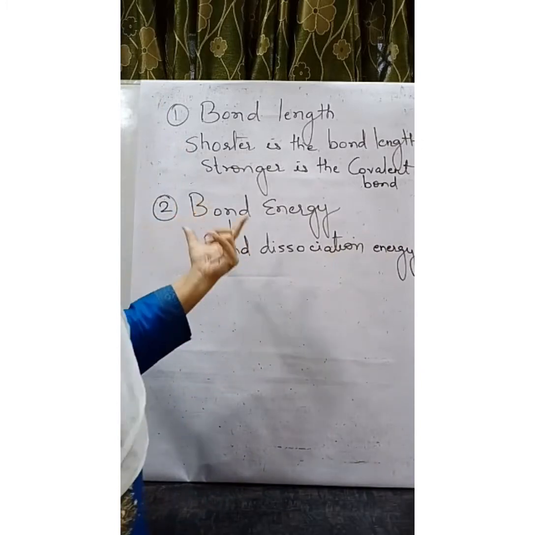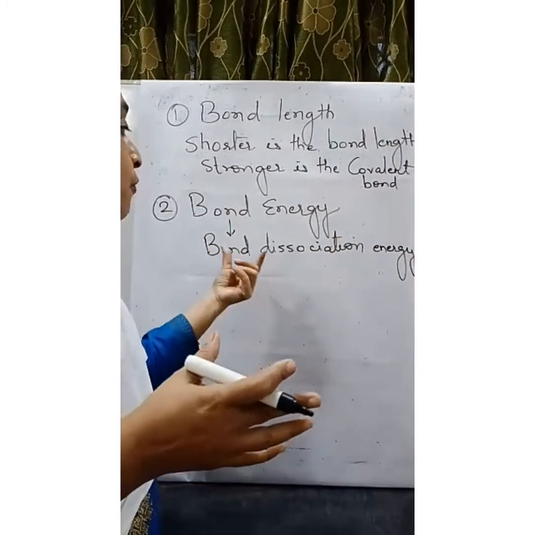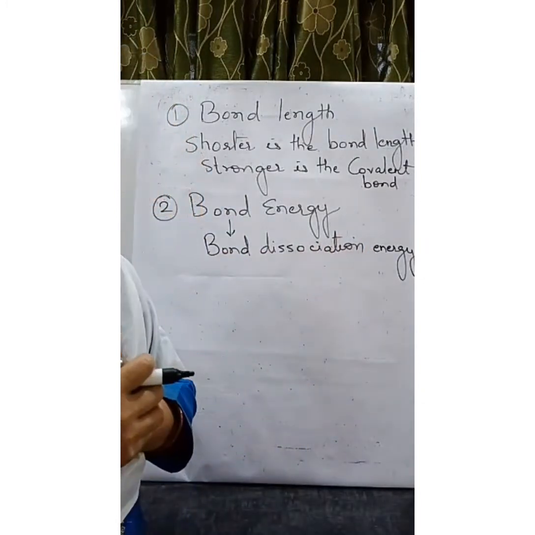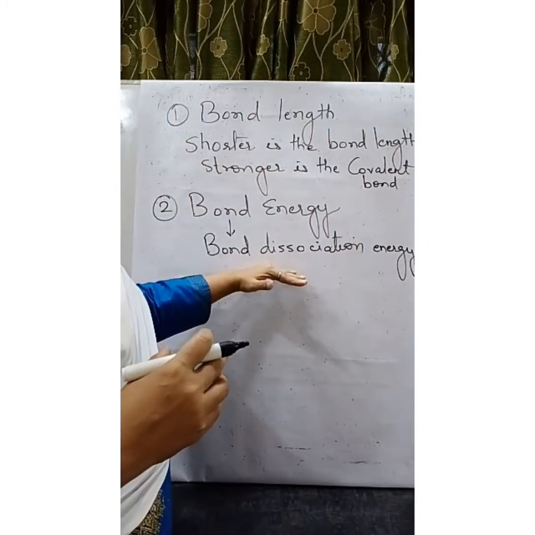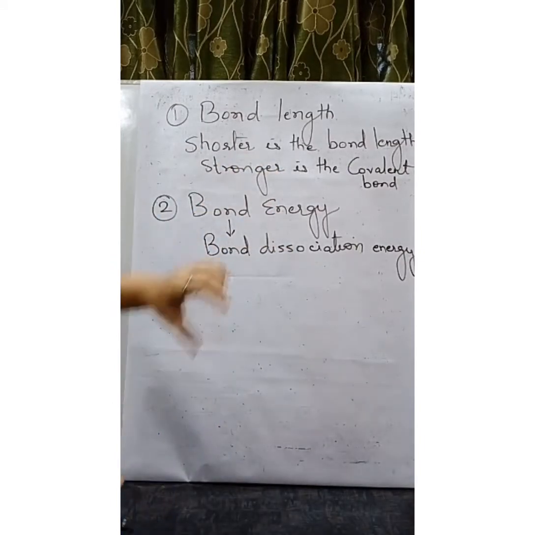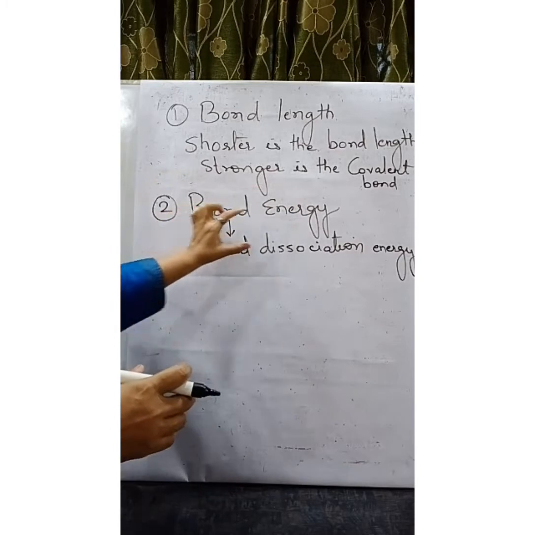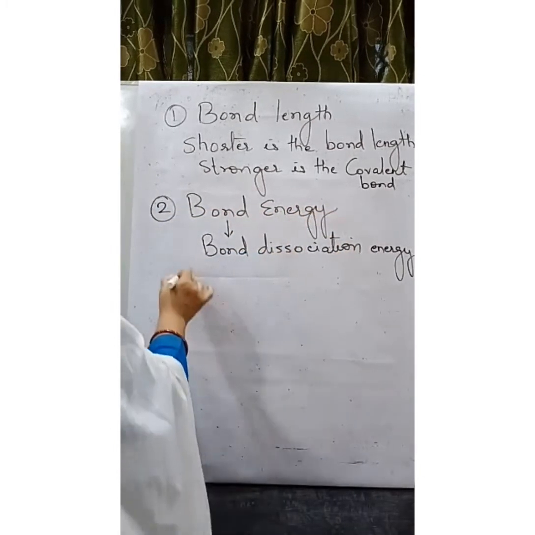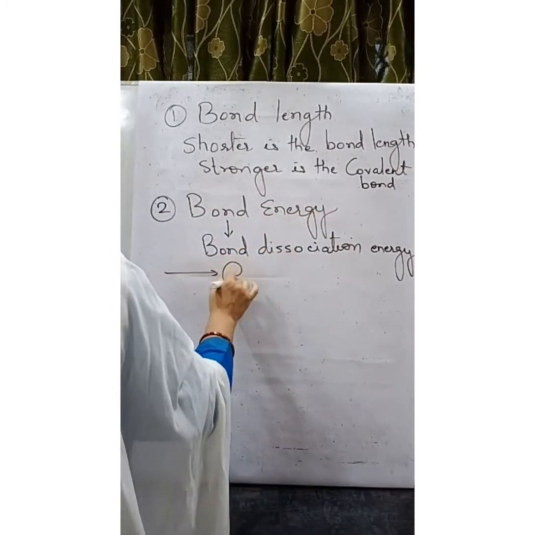Whereas when we take the average value of various bond dissociation energies, we are referring it to as bond energy. Now this bond energy or bond dissociation energy depends upon two factors.